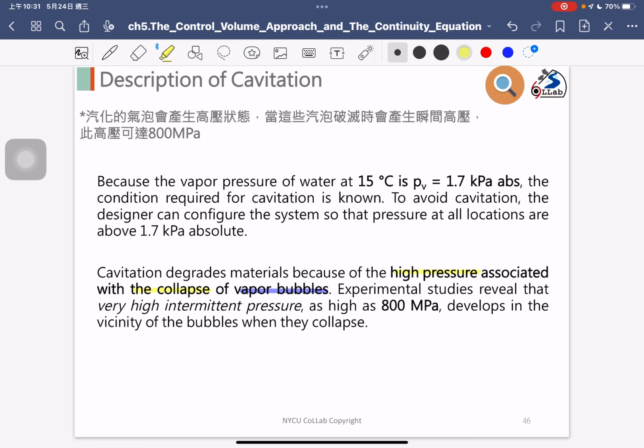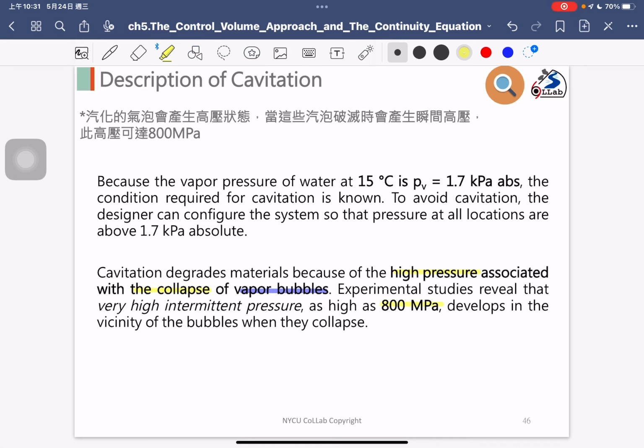And how high is it? We can have 800 megapascal. So we can have 800 megapascal pressure when the bubble breaks.